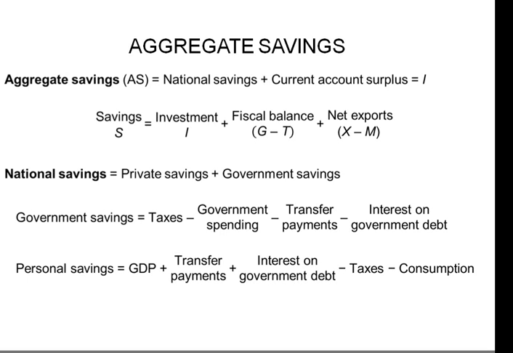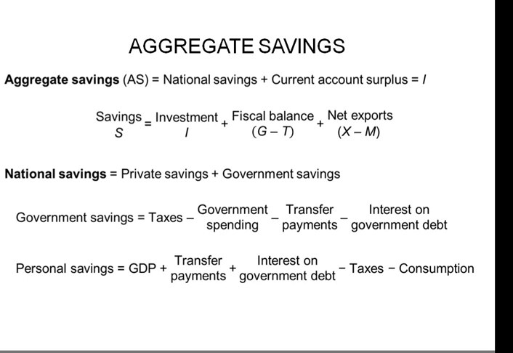So what the government has after taxes, government spending, what the government pays as transfer payments, and what the government is paying for interest, because the government has borrowed loans, so it is paying some interest.